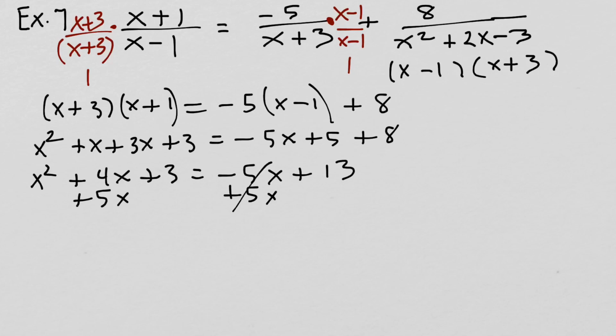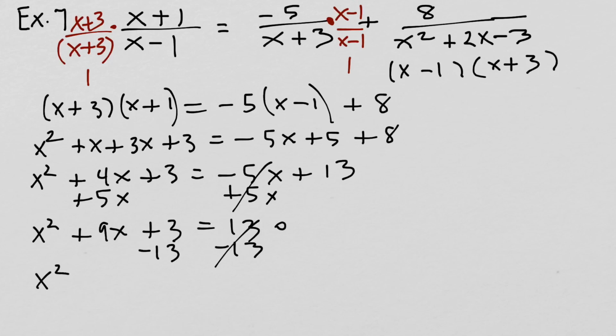So I'll have x squared plus 9x plus 3 is equal to 13. Okay, I'm going to have to solve a quadratic here because I am retaining my x squared. So bring the 13 over so all of our terms are on the left, and we'll have a 0. X squared plus 9x minus 10 is equal to 0.